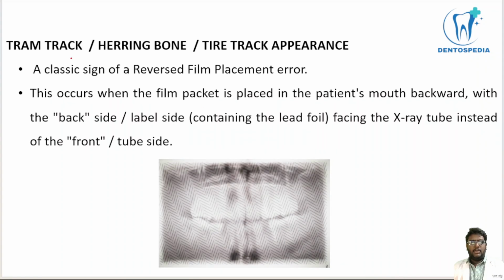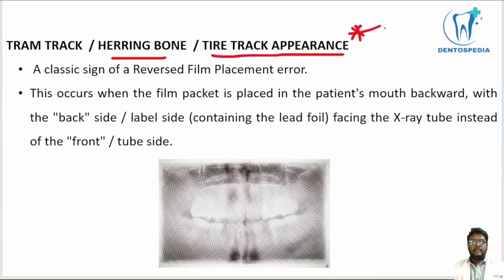And coming to another important appearance, that is the tram track appearance, herringbone appearance, or tire track appearance. This is an important MCQ. So you might have learned about the film packet, right? What are the different components in a film packet? When you open a film packet, we have certain components like black paper, film, and lead paper, right?